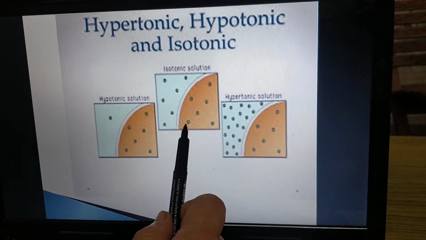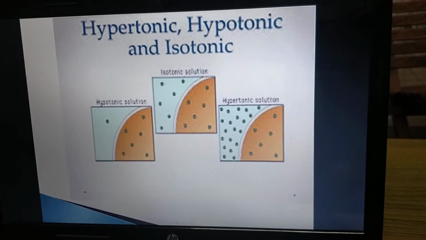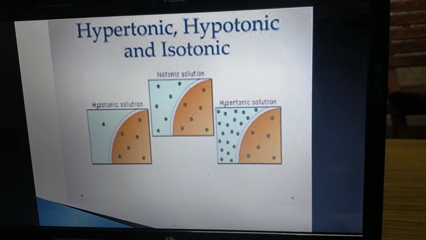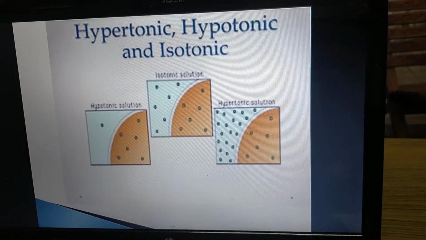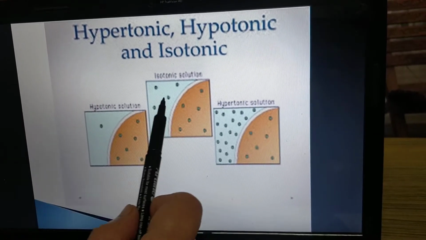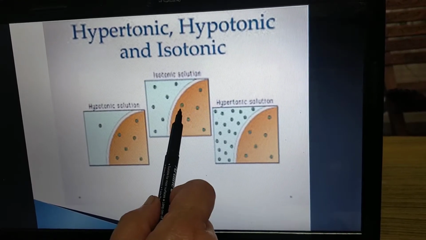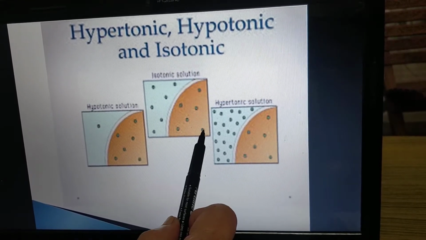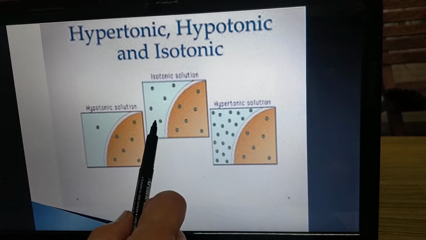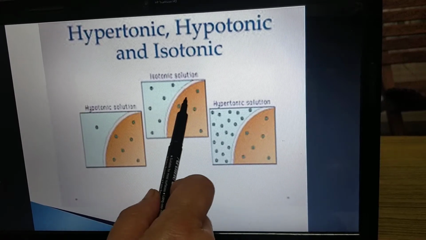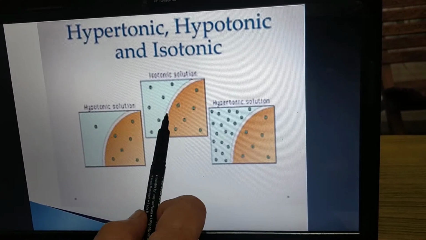Then isotonic solution. Here you see that the medium has the same concentration as the cell. You are shown here 6 dots, again here 6 dots, means solute concentration is the same.